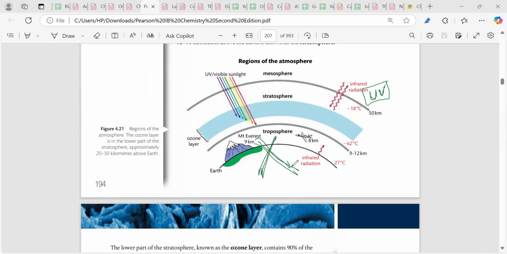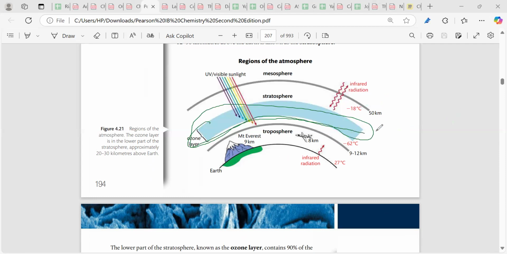In biology we learned that ultraviolet rays kill any living organism, plant, animal, single celled, algae, bacteria. So something over here is absorbing the ultraviolet ray.